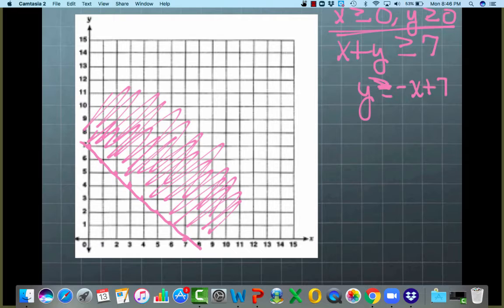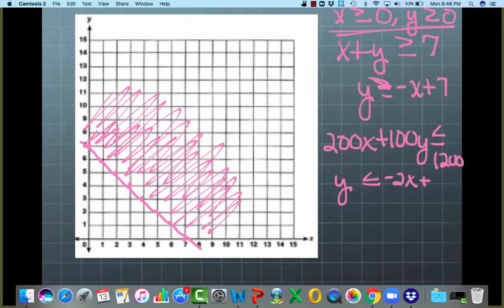My next inequality was 200x plus 100y less than or equal to 1200. If I solve for y, I get y is less than or equal to negative 2x plus 12. Now let's plot that. We start up at 12, I'm going to switch colors, and my slope is negative 2.